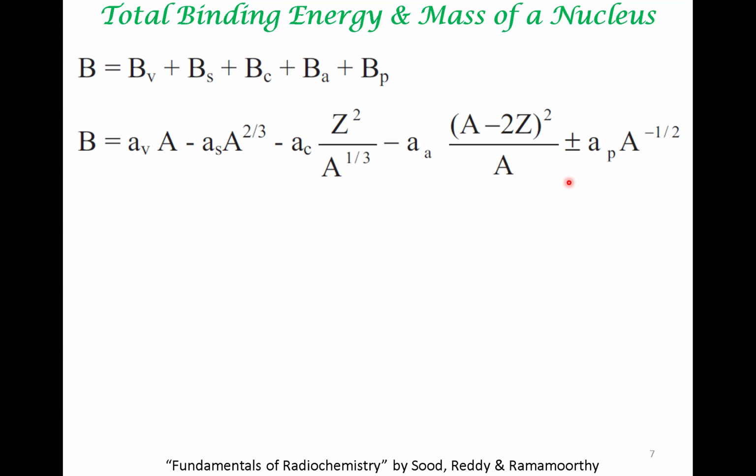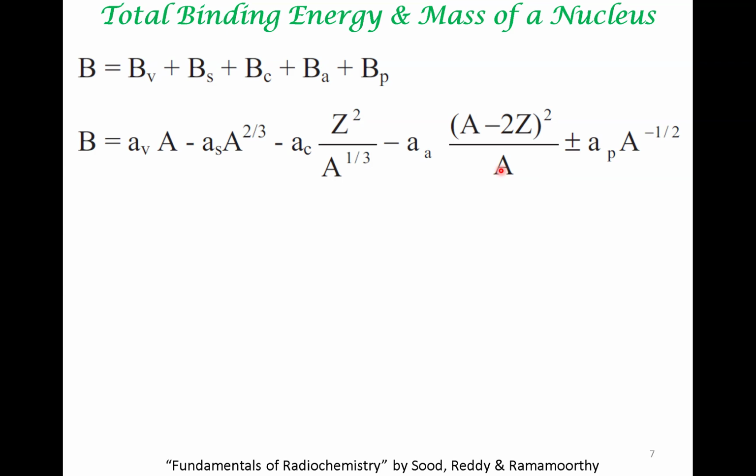So what is the next step? The next step is, take this formula. We have the masses of 5 nuclei, right? Take any 5 appropriate heavy nuclei wherein this model is valid. These masses can be found out accurately from mass spectroscopy. Once you have the masses, we also have the binding energies, right?